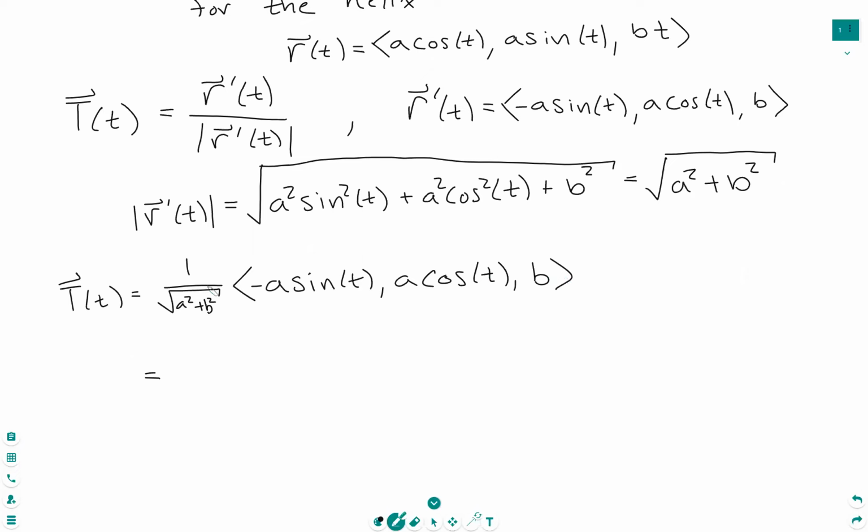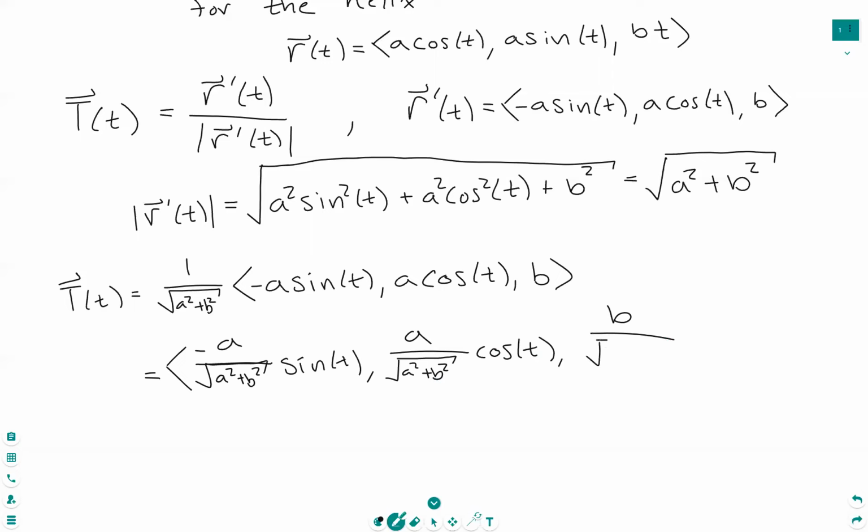Let's bring this coefficient into our vector. So we have negative a over the square root of a squared plus b squared sine of t. Then we have a over the square root of a squared plus b squared cosine of t. And then b over the square root of a squared plus b squared. Okay, so that is our unit tangent vector.